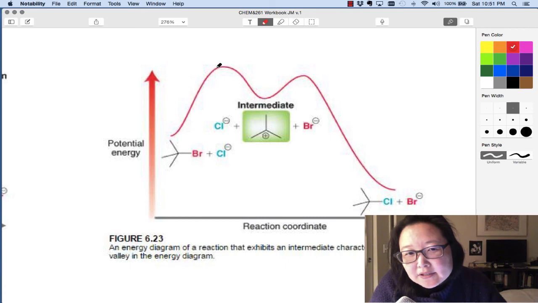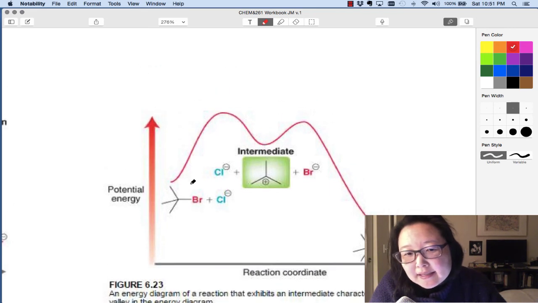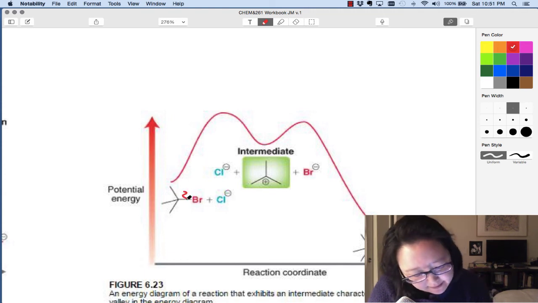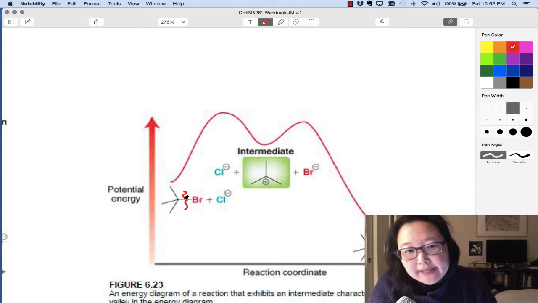So this, the transition state here, what would that look like? The easiest thing is to just identify what bonds would have to break and what bonds would have to form to make this intermediate. Notice the intermediate is just the carbons separated from the bromide. So basically, taking this bond and breaking it.